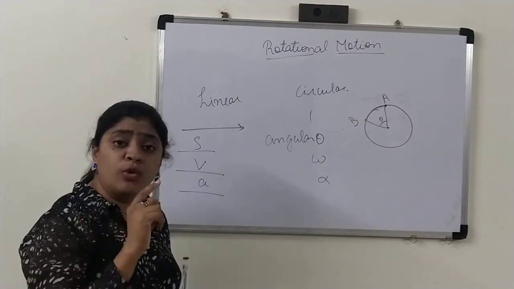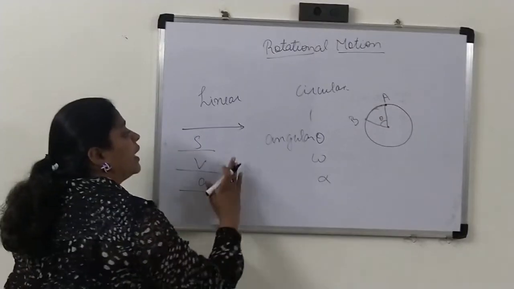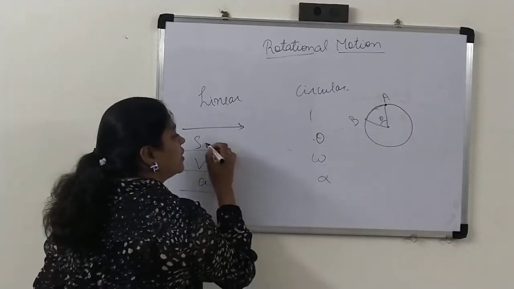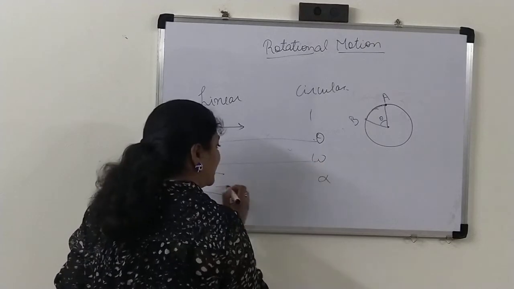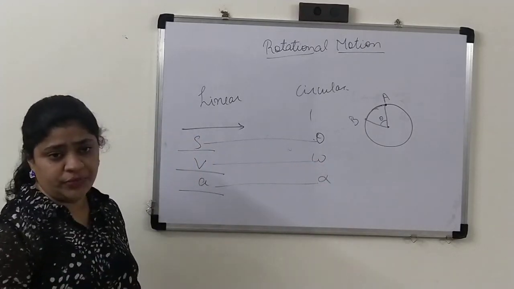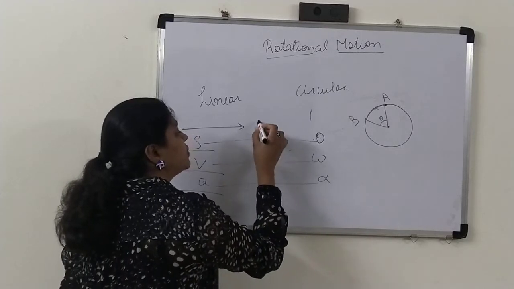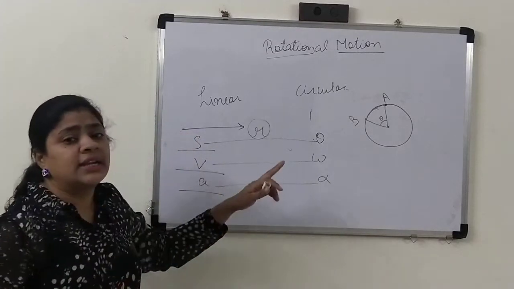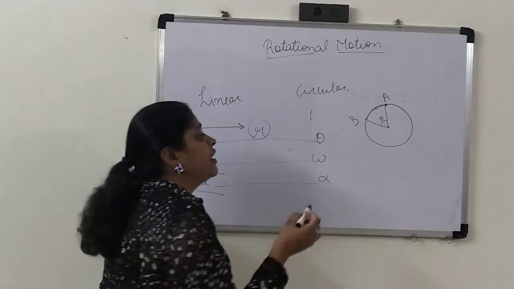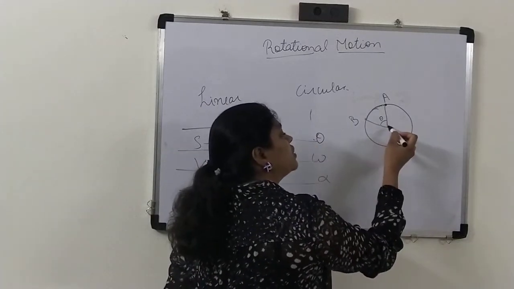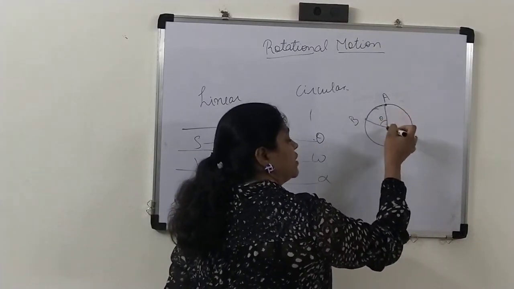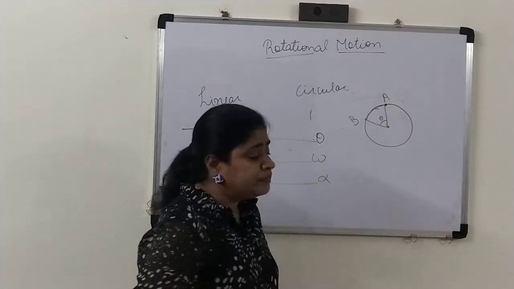Now there is one more thing you need to know. There is a relation between linear and angular, and this relation is always considered with respect to r, that is, the radius. Whenever you are performing angular motion, it is dependent on the radius of that motion.